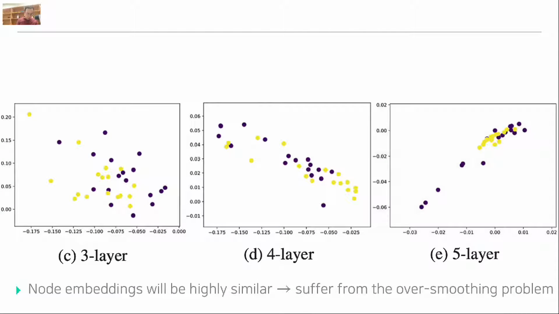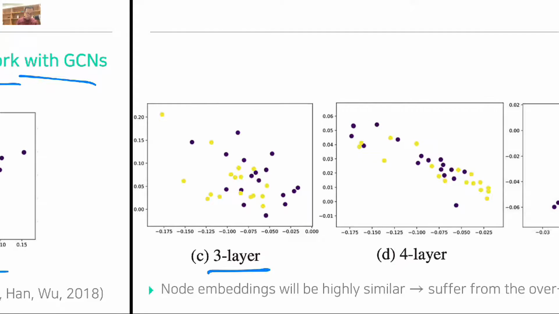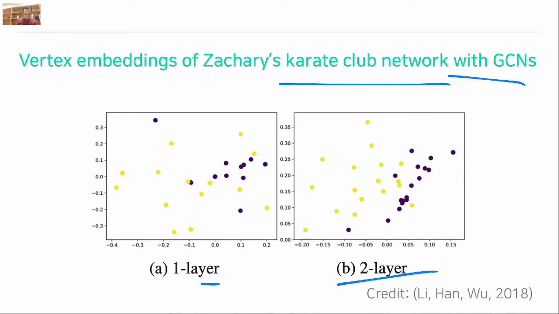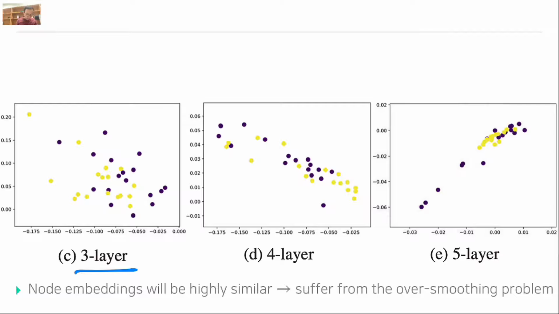when we have 3 GCN layers, it got worse with respect to the separation between the different colors, right? Compared to these two, it got worse. 4 layers.